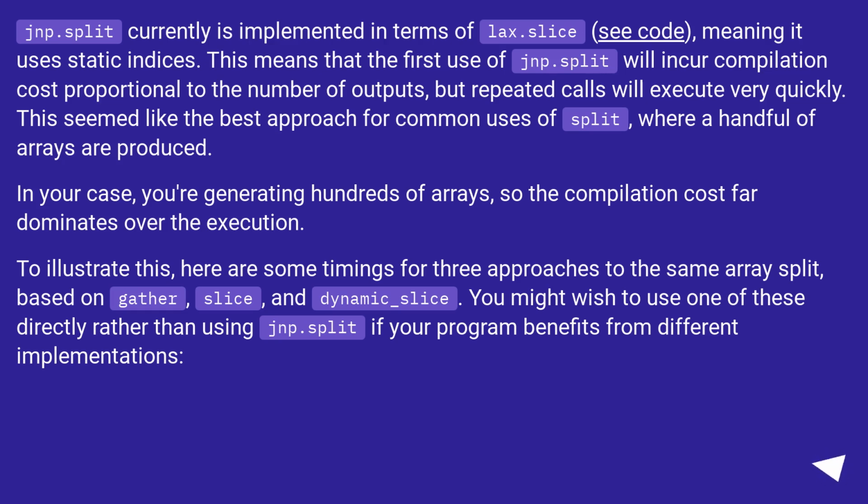To illustrate this, here are some timings for 3 approaches to the same array split, based on gather, slice, and dynamic_slice. You might wish to use one of these directly rather than using jnp.split if your program benefits from different implementations.